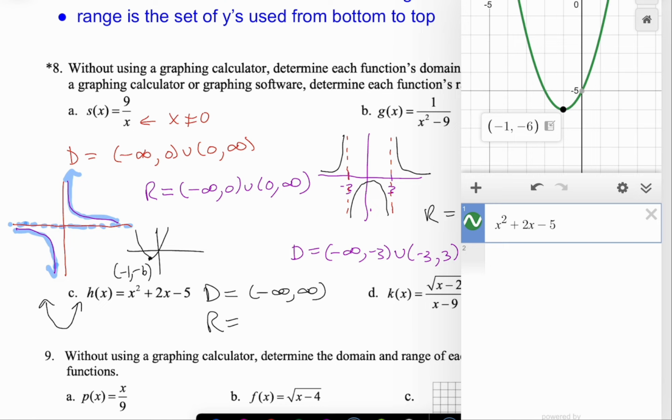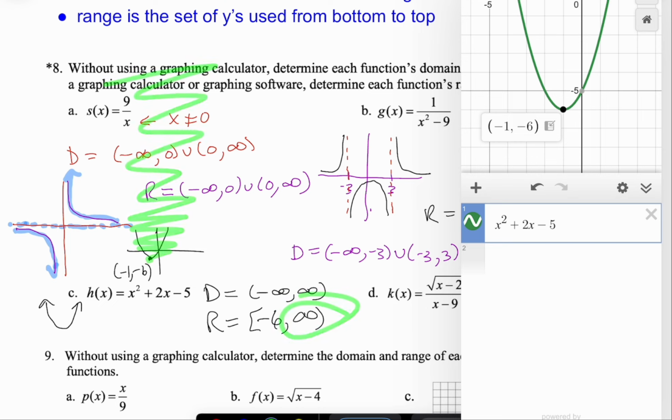So our lowest y value ever, the vertex of a parabola is always a minimum if it's an x squared parabola, a maximum if it's a negative x squared parabola. And so our lowest point is a height of -6. Our highest point is up to infinity, low to high. Our highest point, there is no highest. We designate that with infinity. We put a bracket because that is a point on our graph.